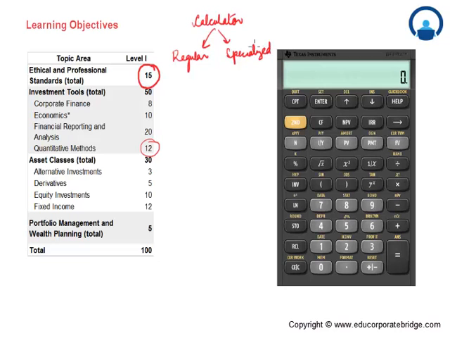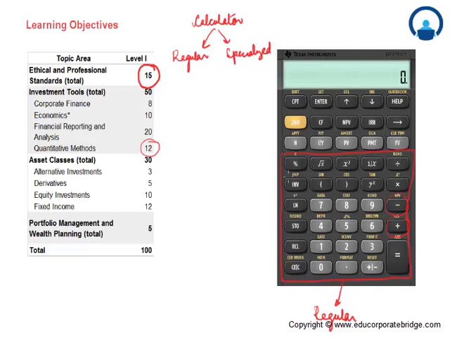Now the regular usage would mean functions like plus, minus, multiplication, finding the square root or square of these. So think of the elements which are here. These could be classified as the regular usage.